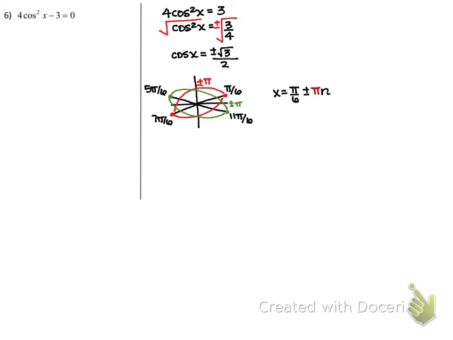So the red distance takes care of both pi over 6 and 7 pi over 6. And now we can do the green. So 5 pi over 6 plus or minus pi n. So even if you can't wrap all of them together, you might be able to wrap some of them together. Oh, and that brings us to the end.